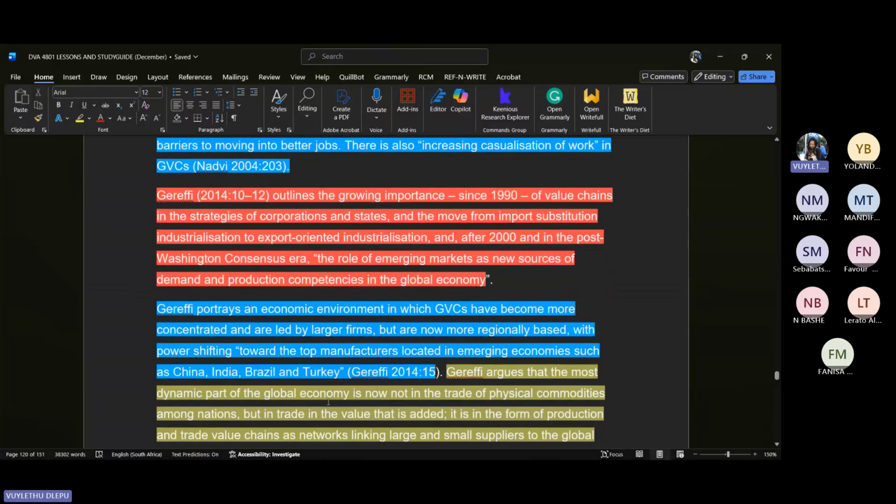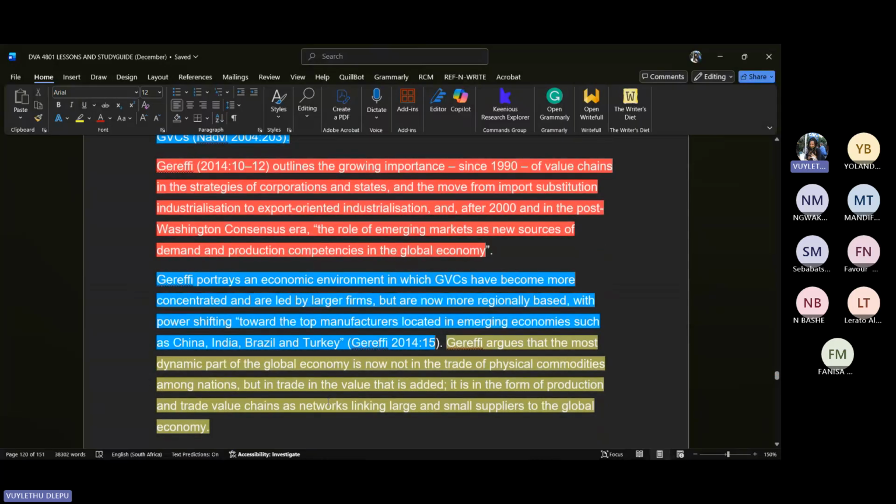Gereffi portrays an economic environment in which GVCs have become more concentrated and are led by larger firms, but are now more regionally based, with power shifting towards the top manufacturers located in emerging economies such as China, India, Brazil, and Turkey. Gereffi argues that the most dynamic part of the global economy is now not in the trade of physical commodities among nations, but in the trade in the value that is added.